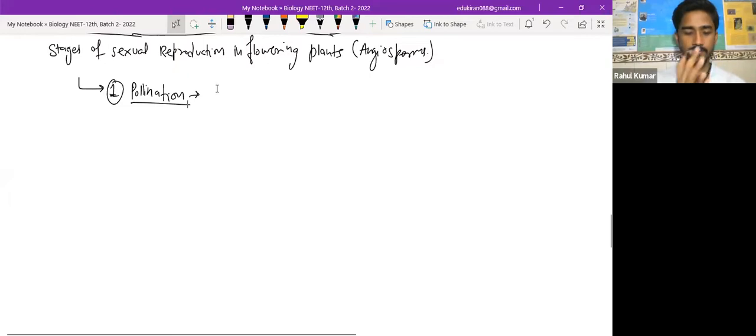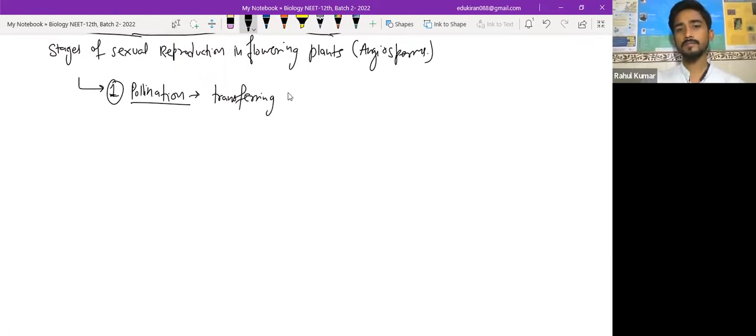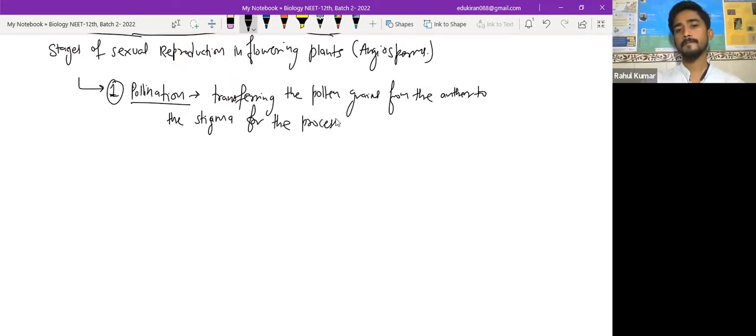Write down. Pollination is the process of transferring the pollen grains from the anther to the stigma, for the process of fertilization to happen.